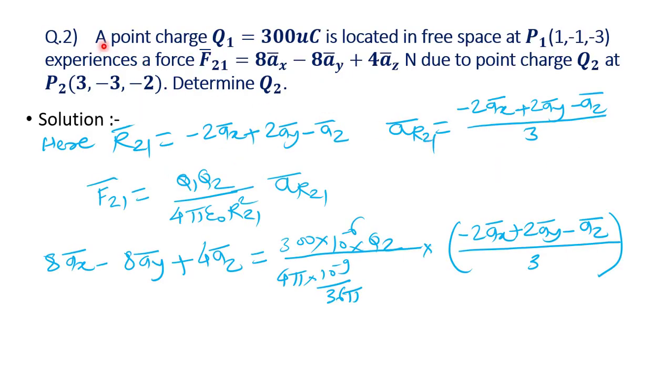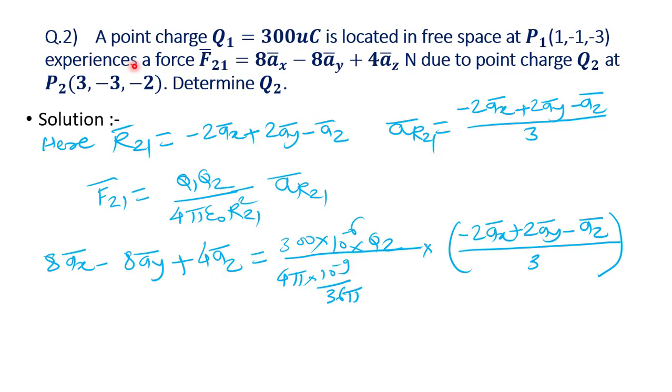In this problem, a point charge Q1 equal to 300 microcoulomb is given, located in free space at point P1 having coordinates (1, -1, -3).